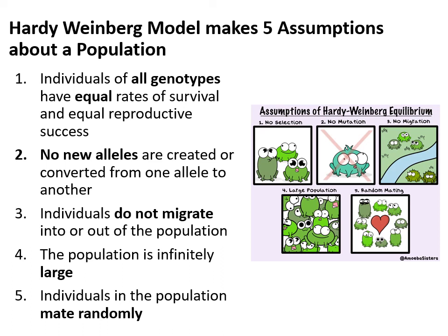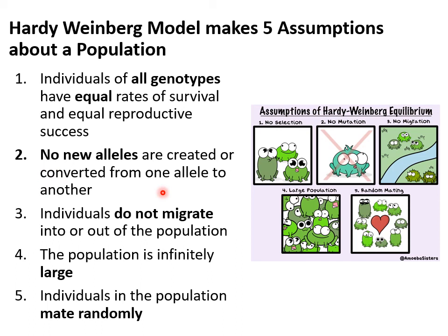Eventually you might even have some of the genotypes disappearing, having 0 frequency in that population, because the favorable ones would be so overpowering mathematically, and you would end up completely out of equilibrium.